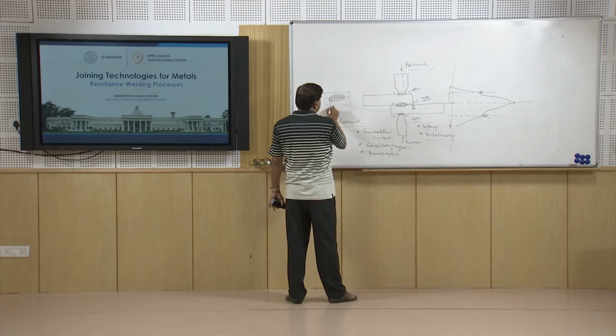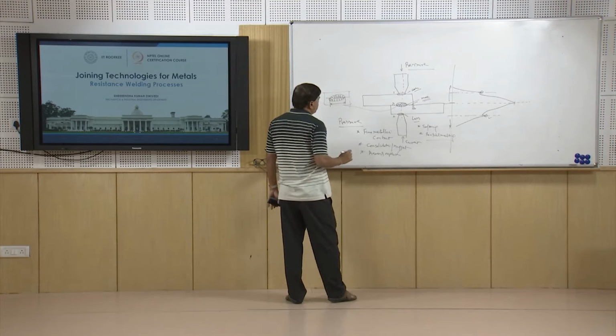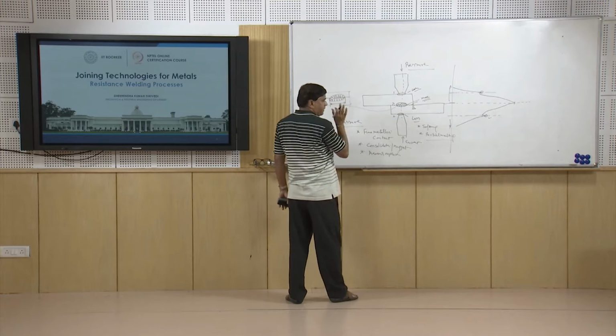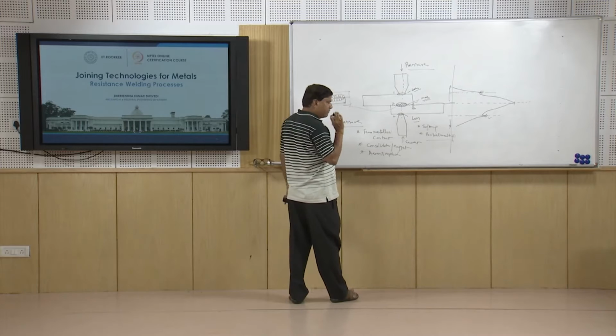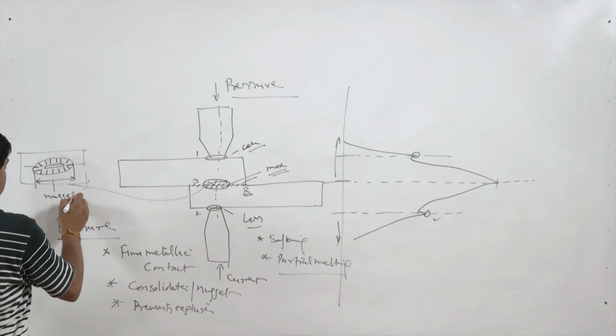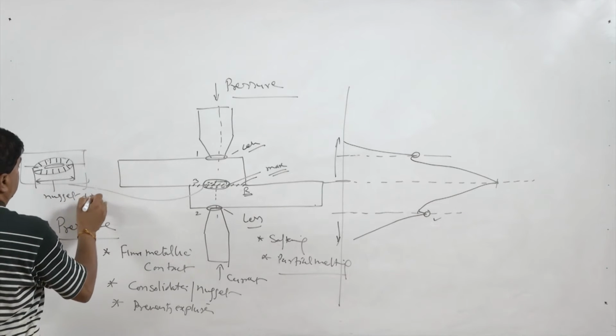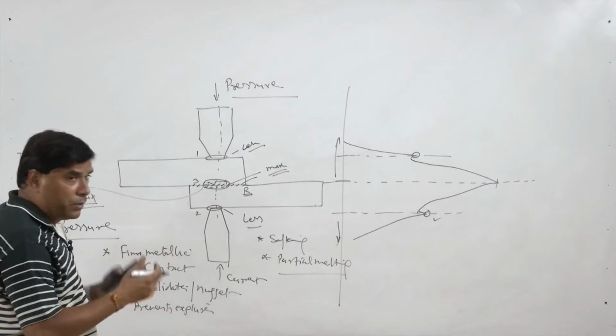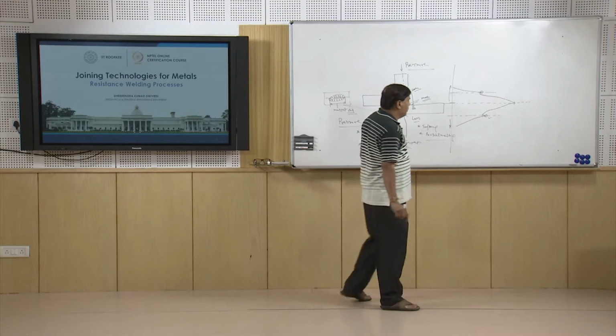So, this diameter of the melted portion, after the solidification, results in the weld metal, which is called the nugget, and this dimension is termed the nugget diameter, and this significantly determines the load carrying capacity of the weld joint.